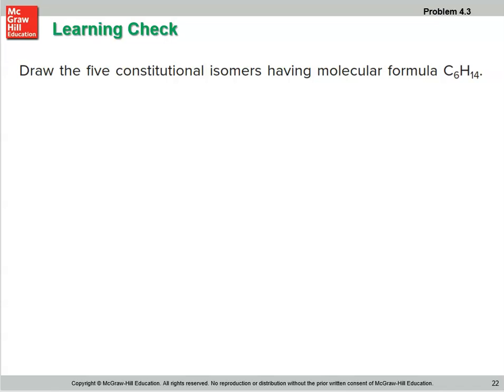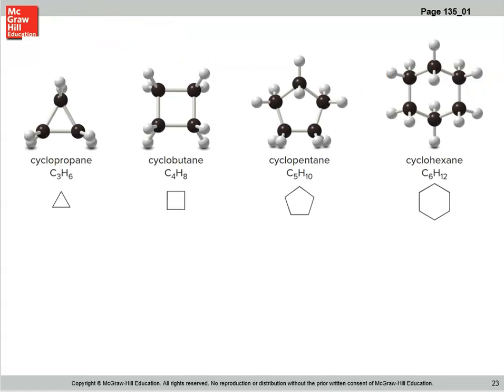When we meet for class, we'll talk about this first problem, looking at 5 different constitutional isomers. And remember, we can change the longest chain length. So you're going to only use 6 carbons, but draw different lengths of carbons and different branched chains off of those carbons to be able to draw the 5 different isomers that are available for that type of compound.